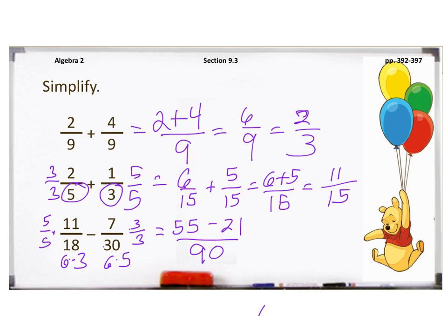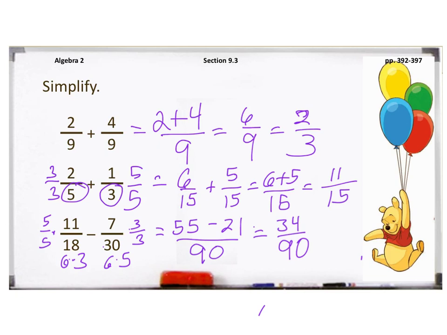So 55 minus 21 is going to be 29. Nope, 34. 55 minus 20 would be 35, minus one more, so 34.